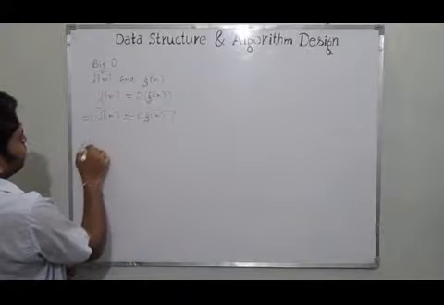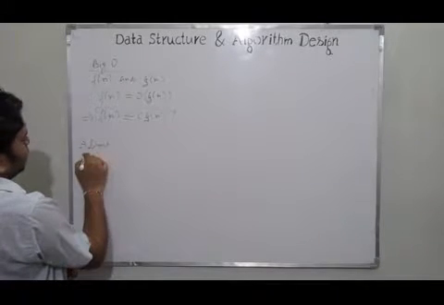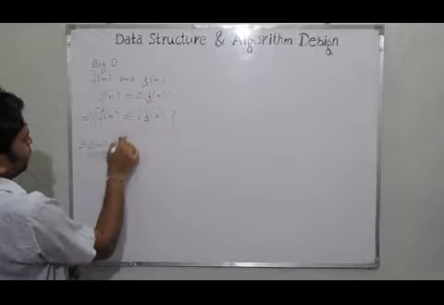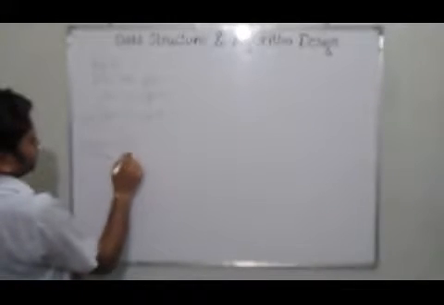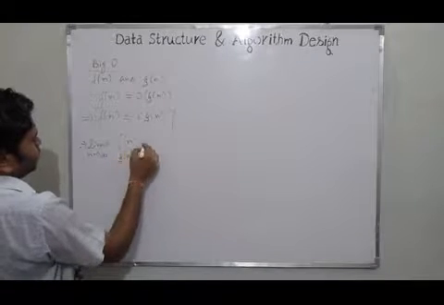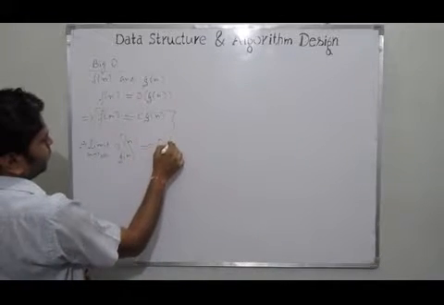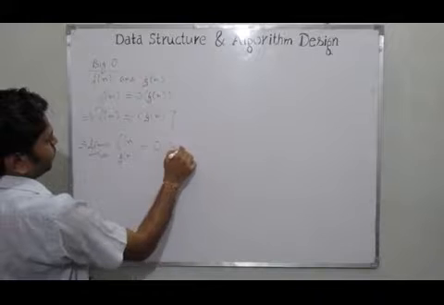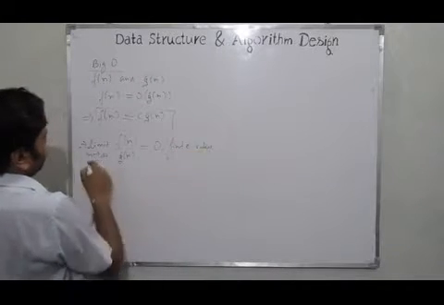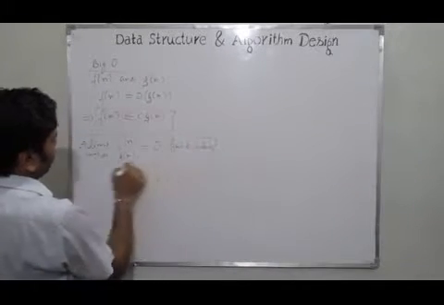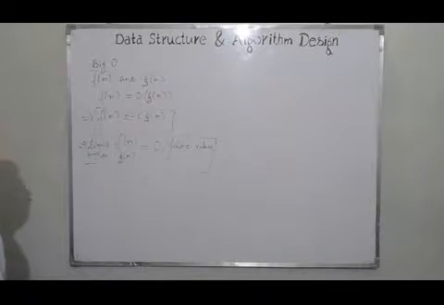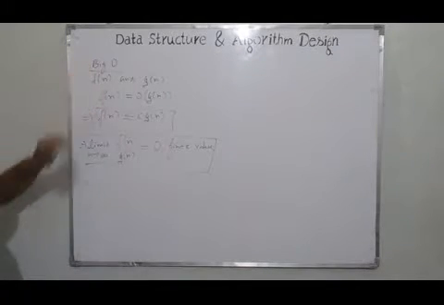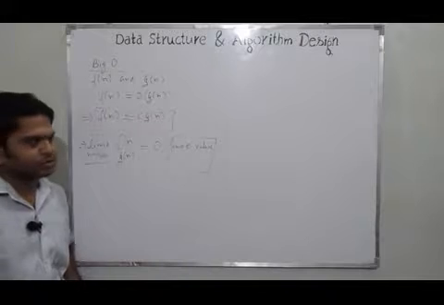And through the limit definition, we mean that as n tends to infinity, if we express f(n) and g(n) in this way, then we are going to obtain the value either as 0 or finite. So these are the three important definitions with regard to big O asymptotic notation.